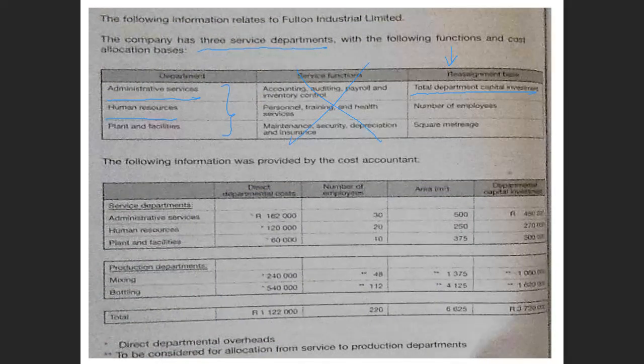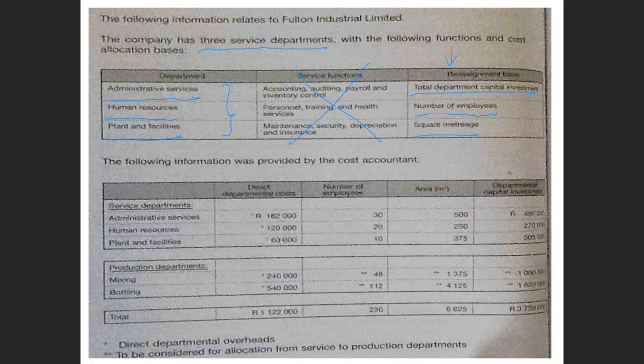HR is going to be reassigned based on how many employees work within the department, and plants and facilities are going to be reassigned on the basis of how many square meters each department takes up. So the last column is very important because it's telling you what basis the cost will be reassigned on. That was the initial information given to us.